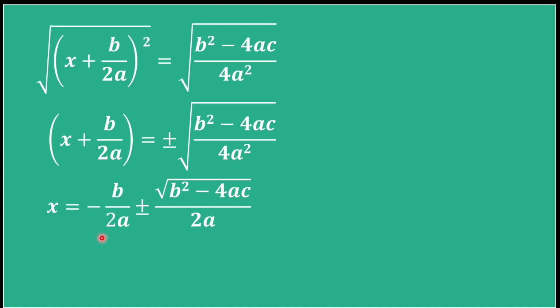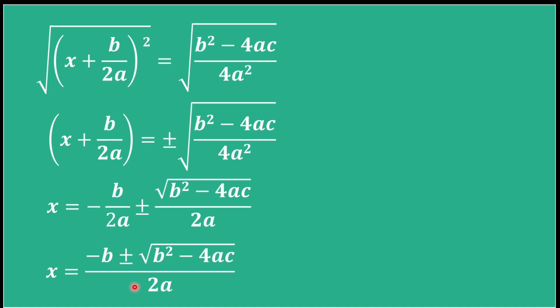And finally we will take LCM of this whole value, so 2a is the LCM, so then we have minus b plus minus the square root of b squared minus 4ac, divided by 2a, which is equal to x.